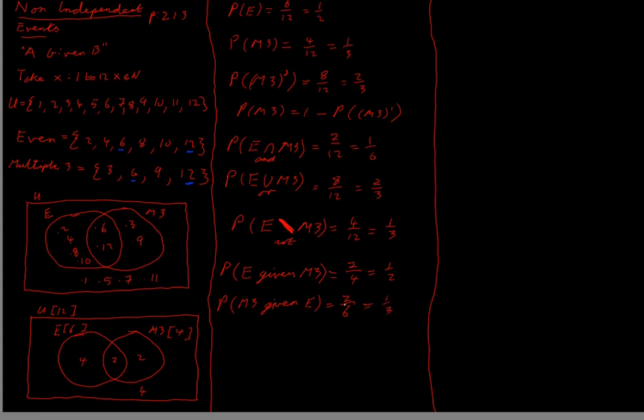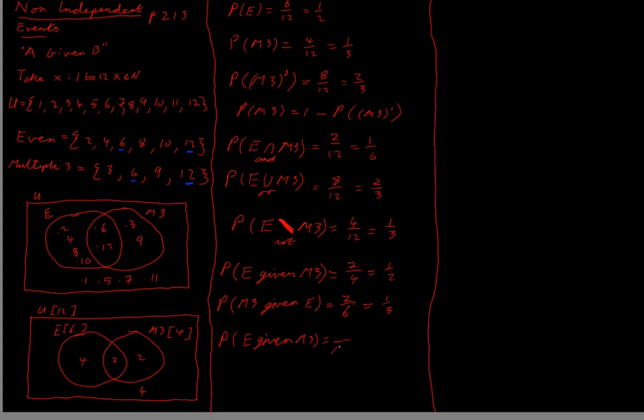Now if we look at what we've done here, probability of even given multiple of 3. If I write that out again, what did I actually do if I look at my Venn diagram? I had the total that I'm working from is I must be a multiple of 3.